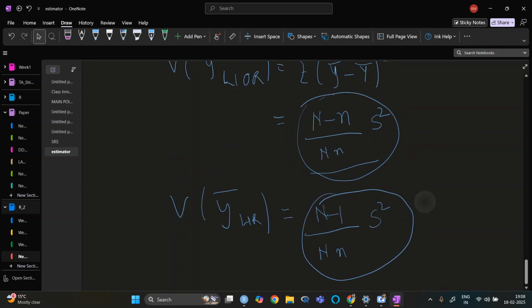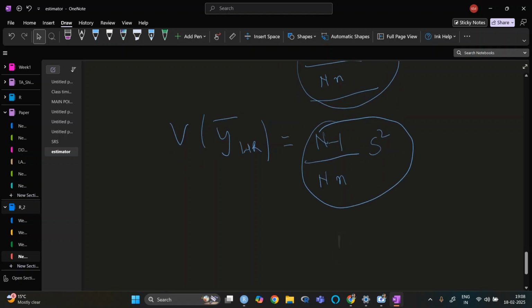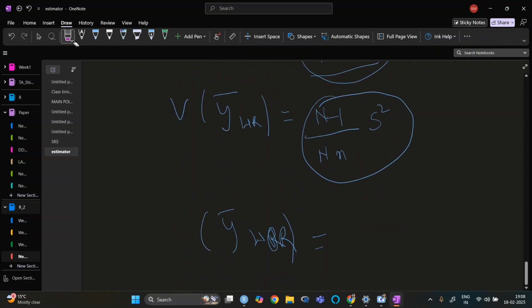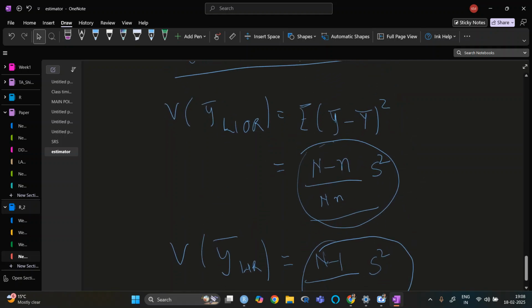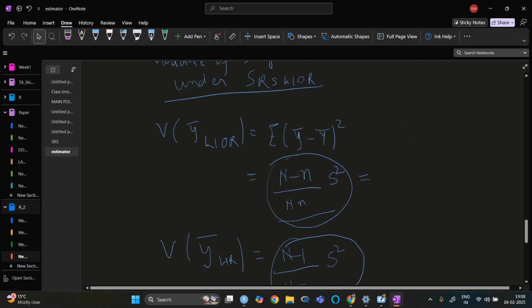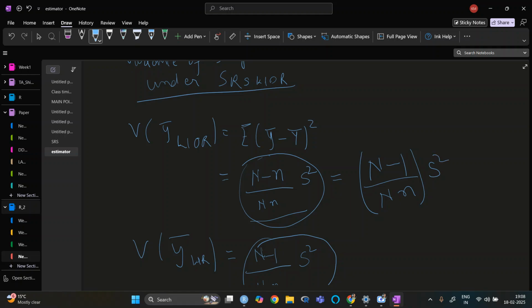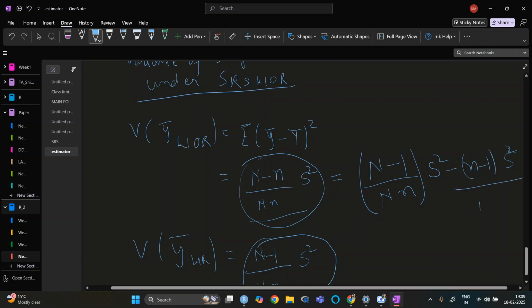So I can write the variance of y bar WOR as (N minus 1) upon N n times S square, minus (N minus 1) S square upon N n.